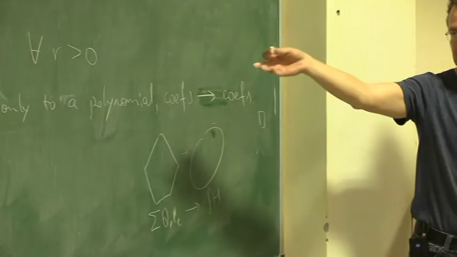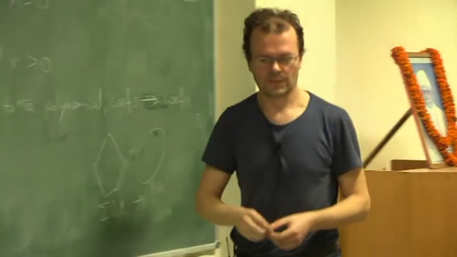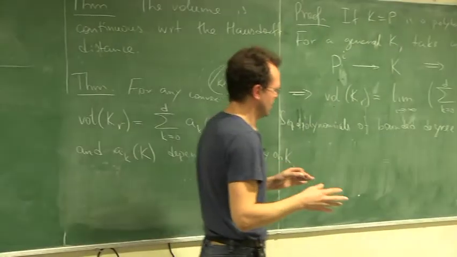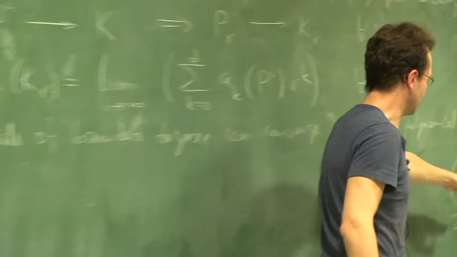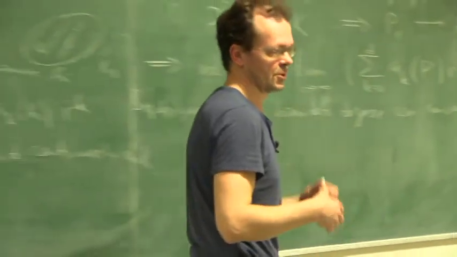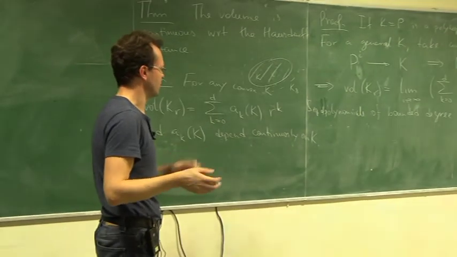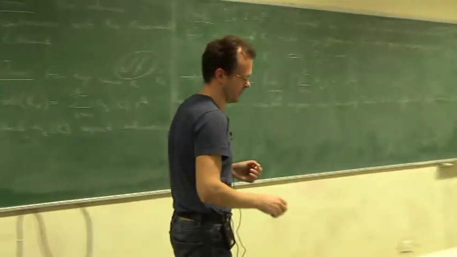So this is now proved. And this also means that this sort of total mean curvature can be defined for any convex body, which may be neither a polytope nor a smooth body.